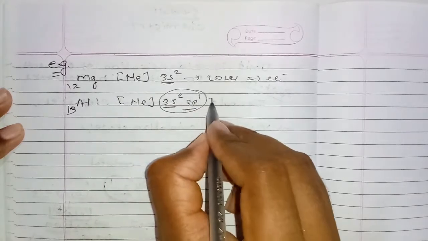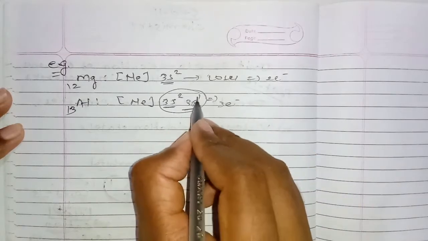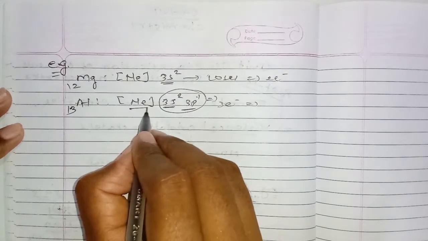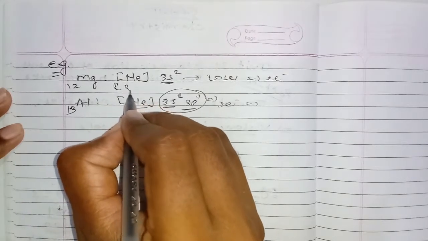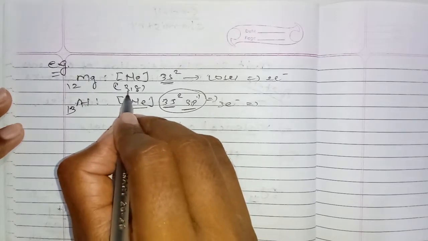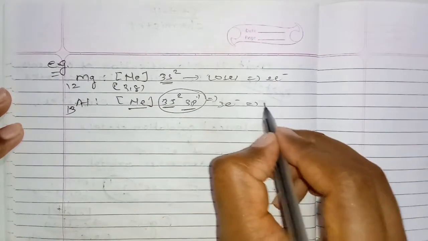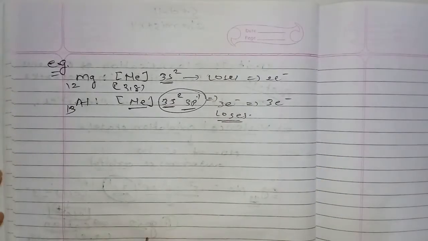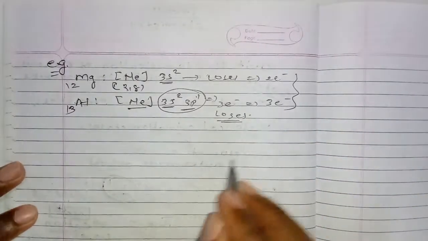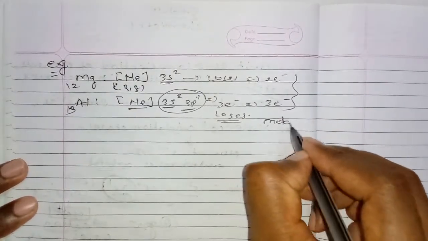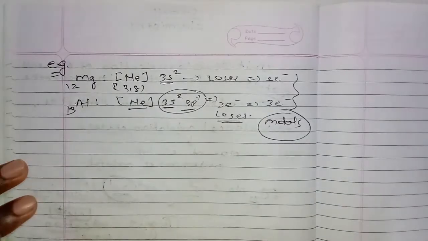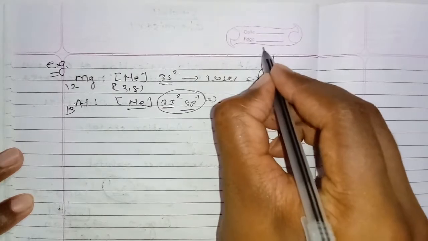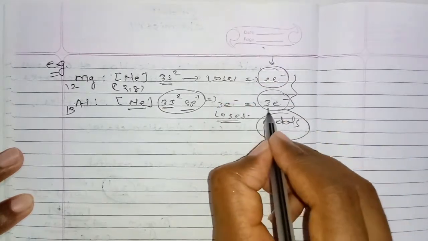In the outermost shell there are 3 electrons. To complete its octet, it loses them, giving an electronic configuration like 2, 8, which is neon. So they are called metals, and their valence electrons are 2, their valence electrons are 3.